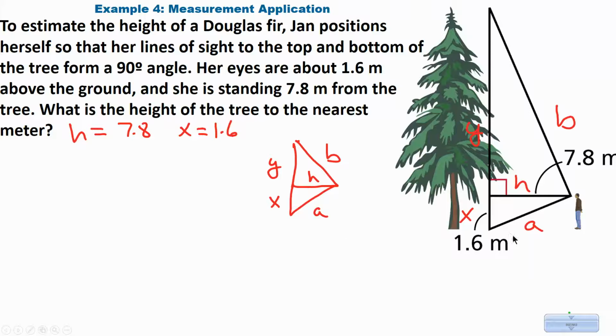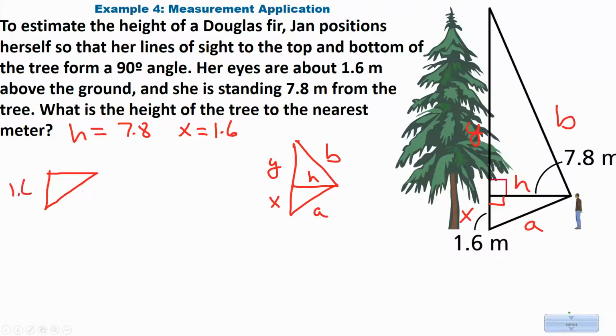So let's go through here. And since this is a 90 degrees, we can use the Pythagorean theorem to find A. So A squared, well, excuse me. A squared. This is a small a, right? Small x, small h, small y, small b. I'm going to rewrite this right here so that I have this like that.